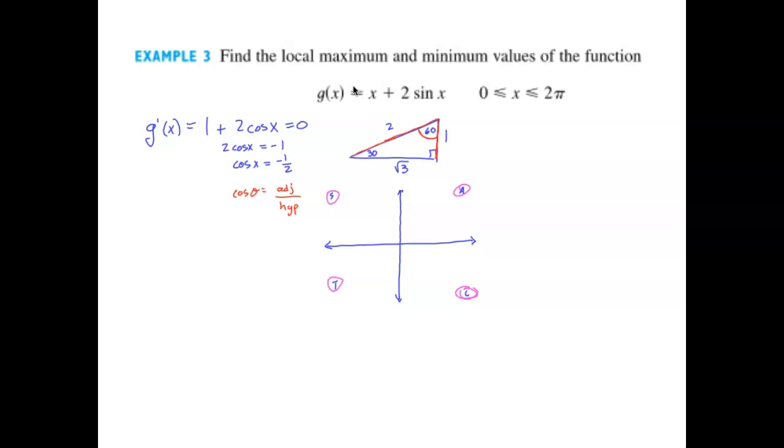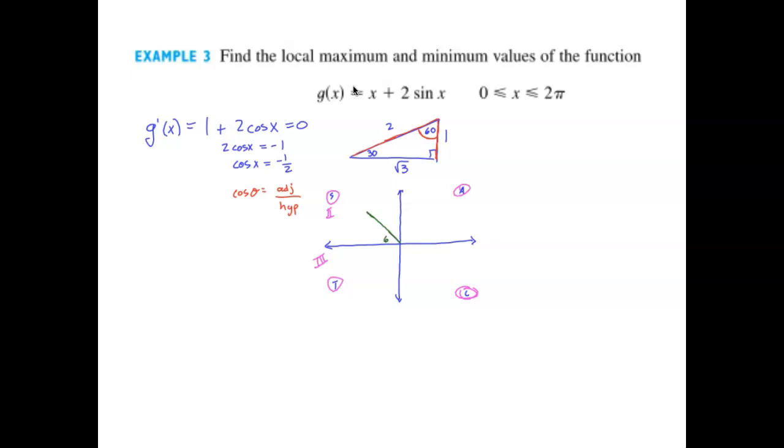All right, so I want cosine to be negative. So I'm going to be looking in quadrants 2 and 3. And so I have my reference angle needs to be 60 degrees. I just need to figure out what my true angle is. So here we go. I'll draw a triangle in this quadrant.